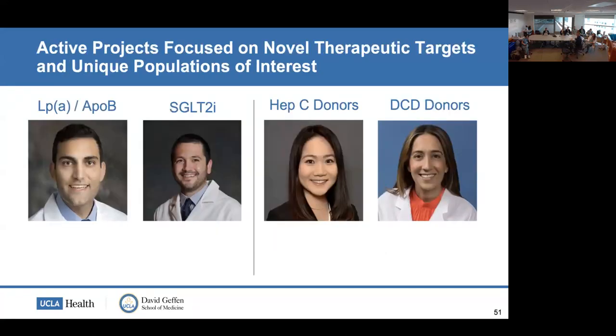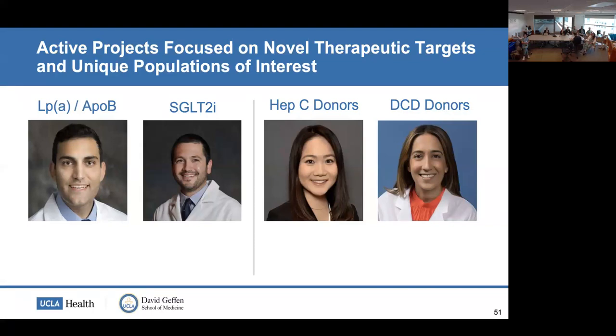These are active projects our group is currently working on in terms of novel therapeutic targets and unique populations. David Tarani is still doing work for us, and he's looking at lipoprotein A and ApoB, and we're collaborating with Tamer Salam to see if these markers pre-transplant have any bearing on accelerated vasculopathy at 1 year on IVUS.